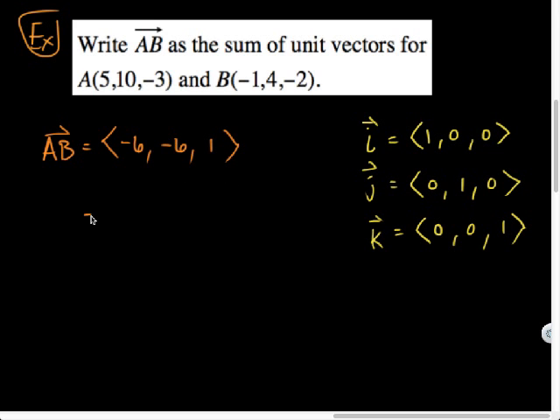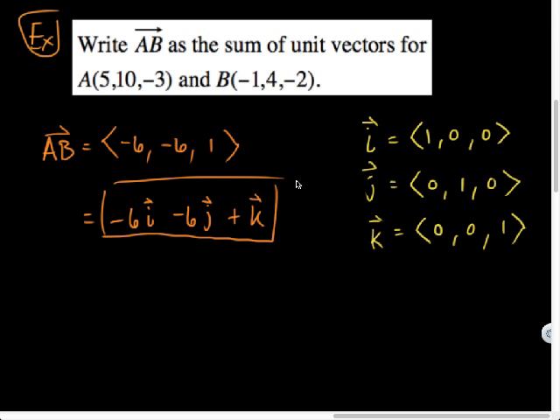If I want to represent the same vector as the sum of unit vectors, that would be -6 vector i's, minus another 6 vector j's, and then plus 1 vector k. And that's represented as the sum of unit vectors. It's not that hard. It's just a different notation.